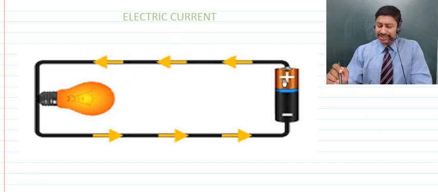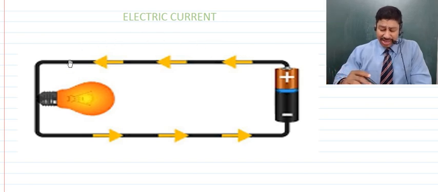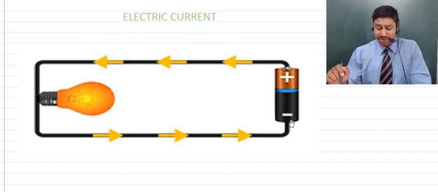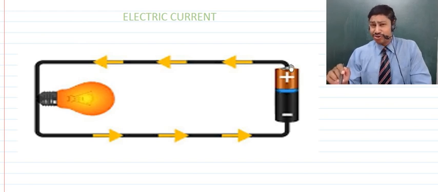Here, children, we can see that the battery has two terminals, and from the positive terminal the current flows in the direction of the negative terminal, which is the direction of the conventional current. And actually the electrons are flowing from the negative terminal to the positive terminal, which is the direction of the actual current or the electronic current.